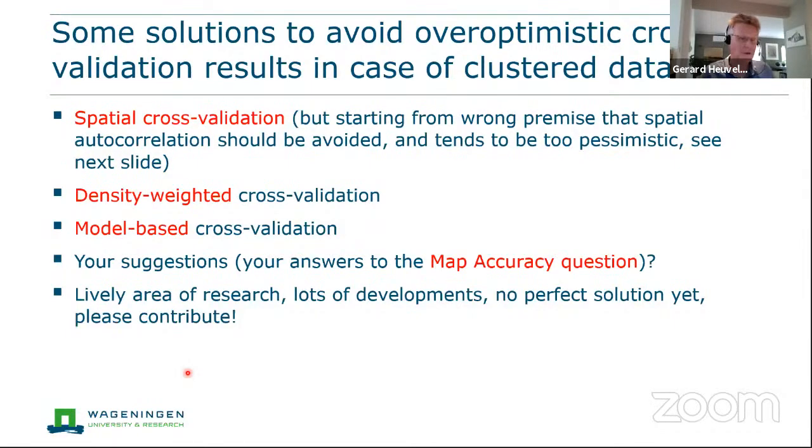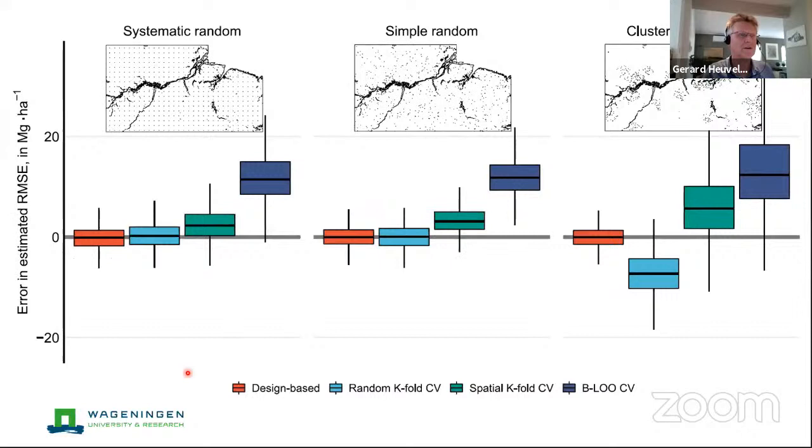So if you are in a situation where you calibrated a model to make a map with these kinds of data, and you make your map and you want to evaluate how well you did, then the best way would be to take a probability sample from your study area. Now, this is the Amazon, and I haven't been there.